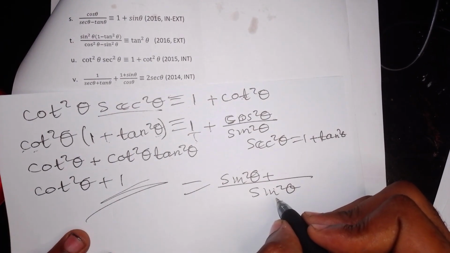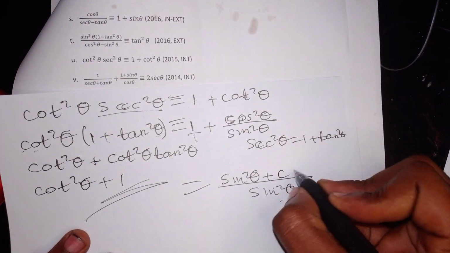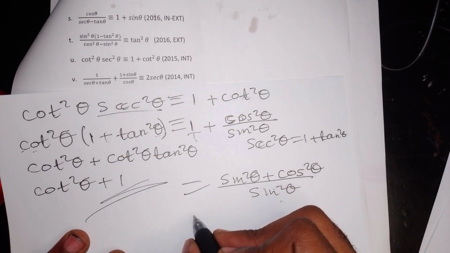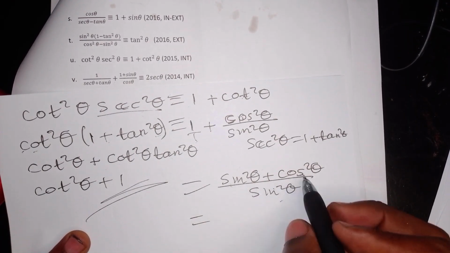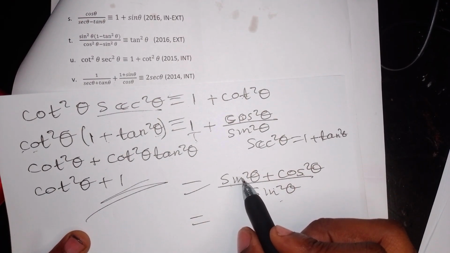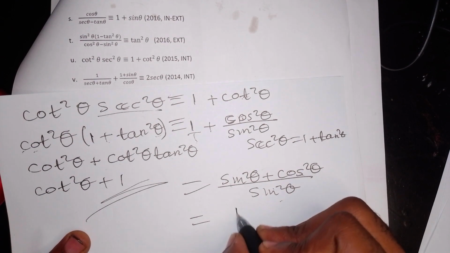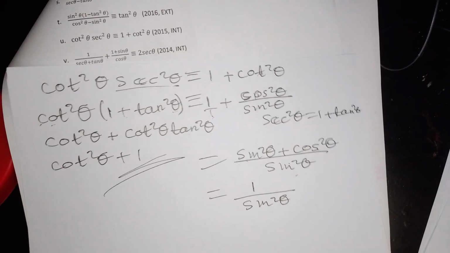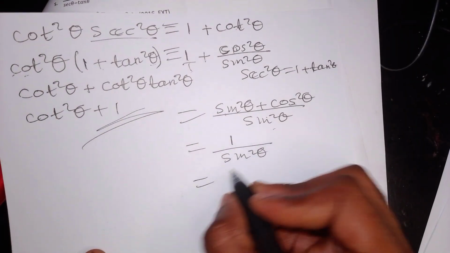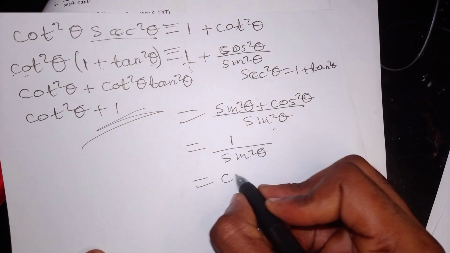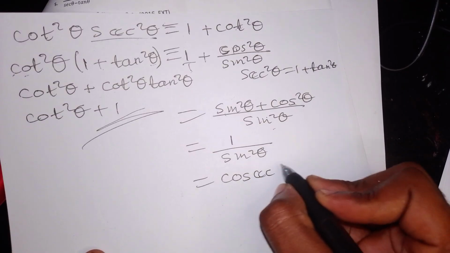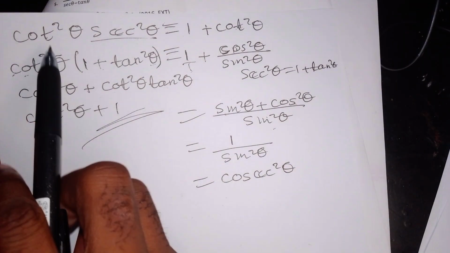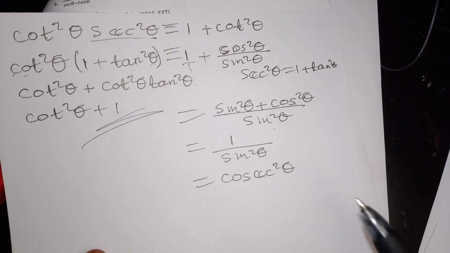Then this one there, that's 1 times this, you have cot squared theta. Then when you add these two, you have a 1 over sine squared theta. And then now 1 over sine squared theta is the same as cosec squared theta.